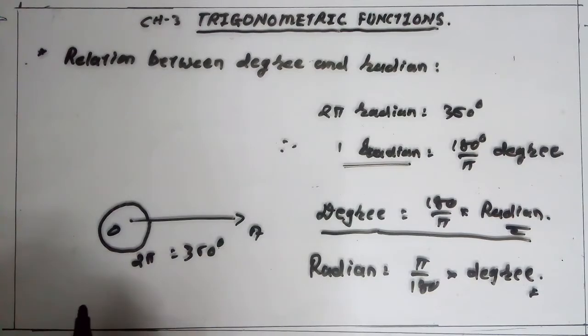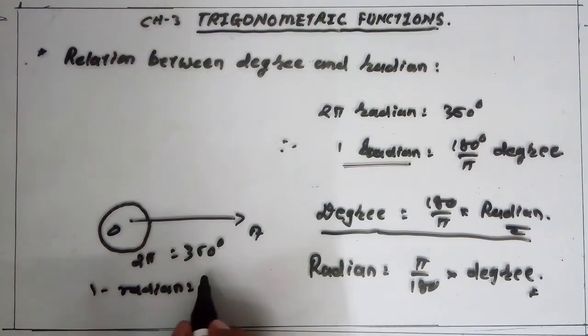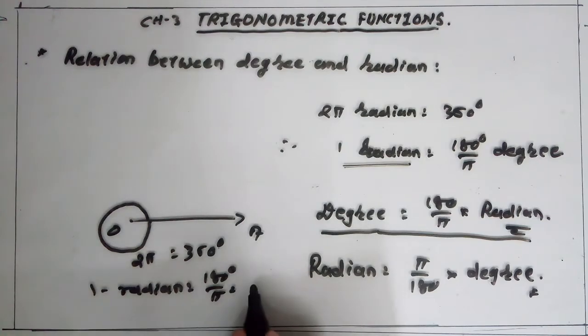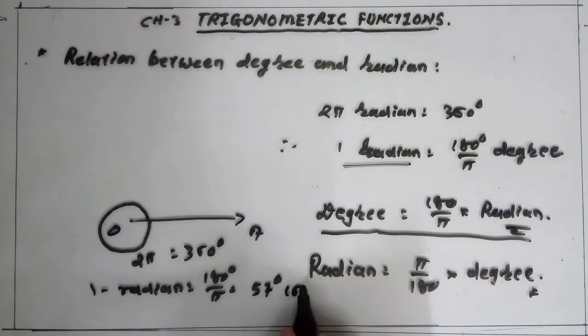One important note also, remember this: 1 radian is equal to 180 degrees upon pi, which is equal to 57 degrees and 16 minutes approximately. Clear this?